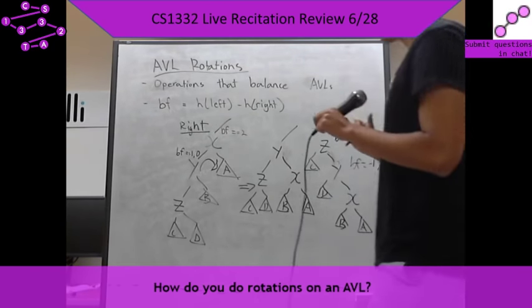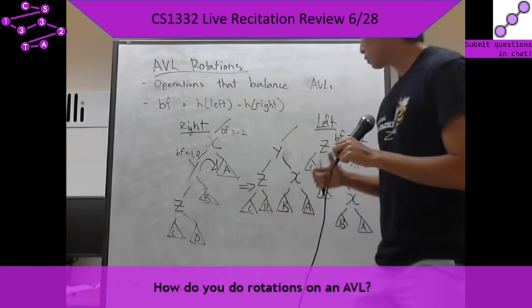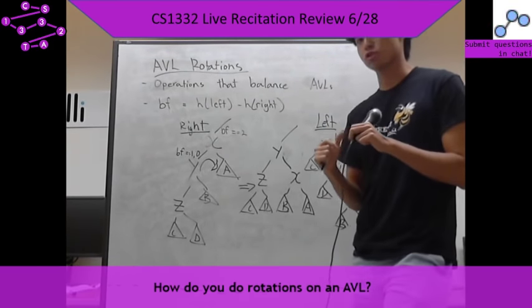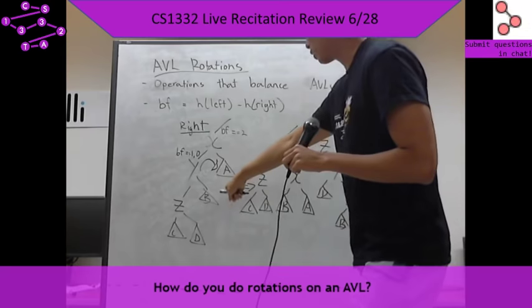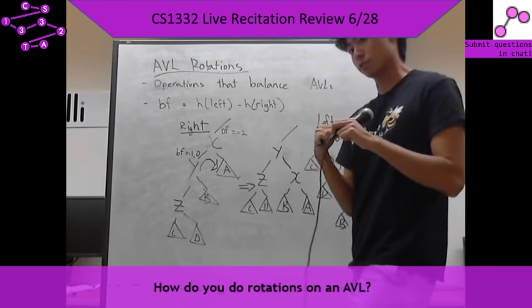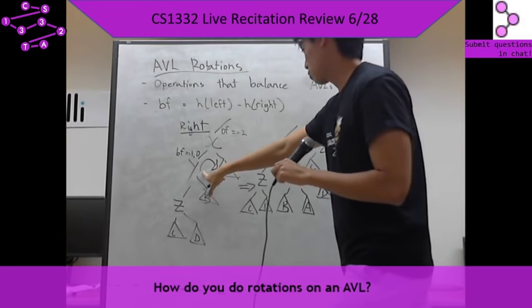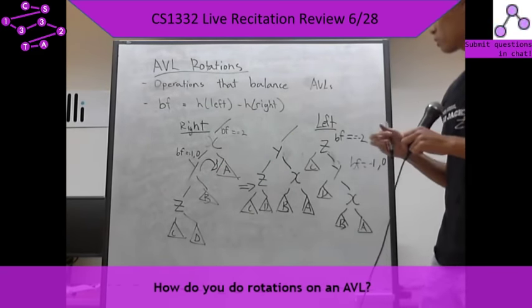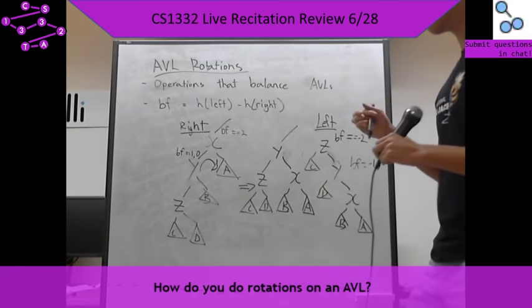And just to mention this, when you're performing the rotation, the balance factor and height of the nodes are going to change. Because height is a function of the heights of the children, and the children of the nodes have changed, the height and balance factor are also going to change. You always want to update from the bottom up.